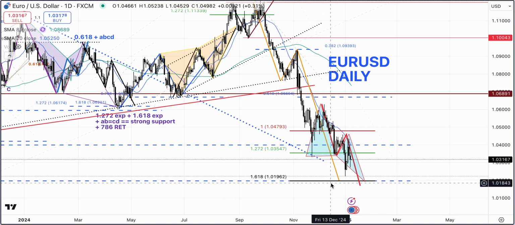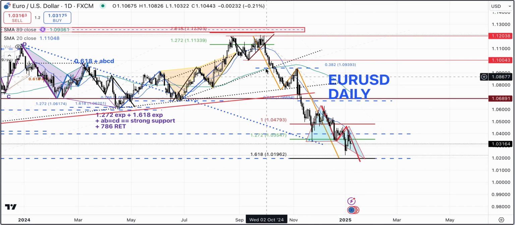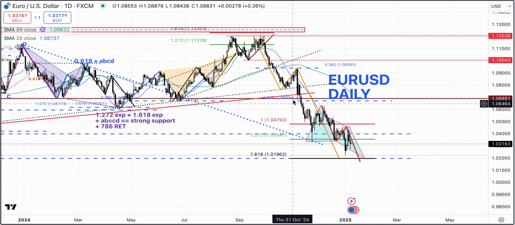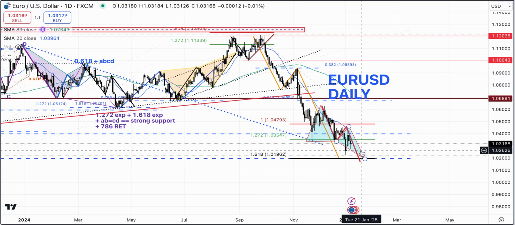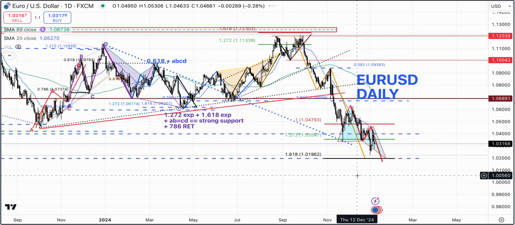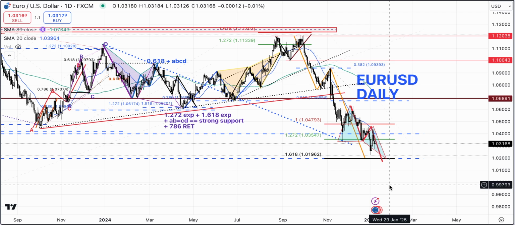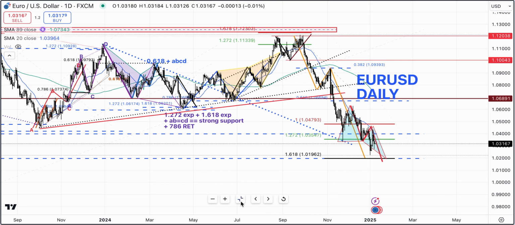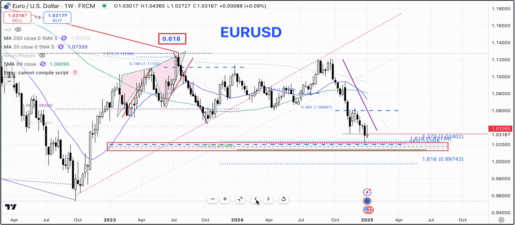If I just round it off, we'll have a confluence of these patterns: the smaller ABCD, the larger ABCD in orange, and then we also have some expansions coming in. So 1.02 is a really key level to watch, basically pretty much where the market is trading right now. 1.03, 1.02: these are the really key levels to watch in the Euro USD currency pair.